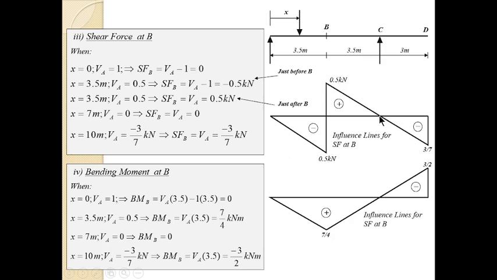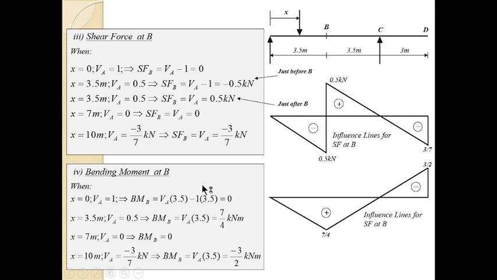That's why the shear force moves from 0 here to minus 3/7. Remember, in the shear force diagram, negative is downward, positive is up. So with this we have plotted the shape of the influence line for shear force at point B.